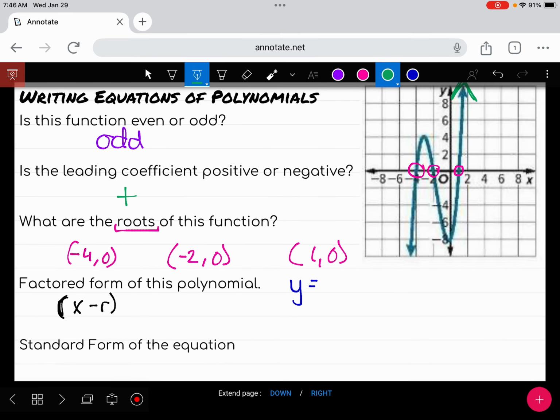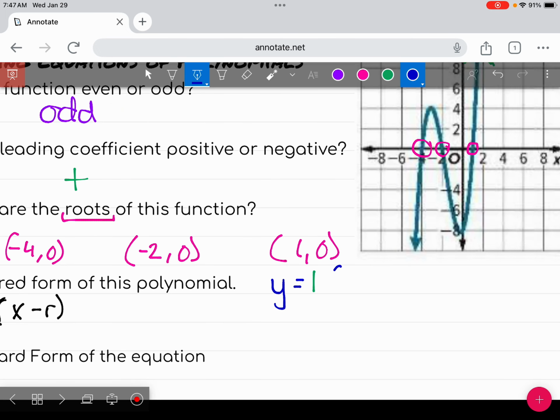Our leading coefficient is going to be positive. I am not going to make you figure out what number it is. If you're writing an equation, it is either positive 1 or negative 1. Straight up. So if it's positive, I'm just going to put the positive one so we remember that that's what we were thinking here.